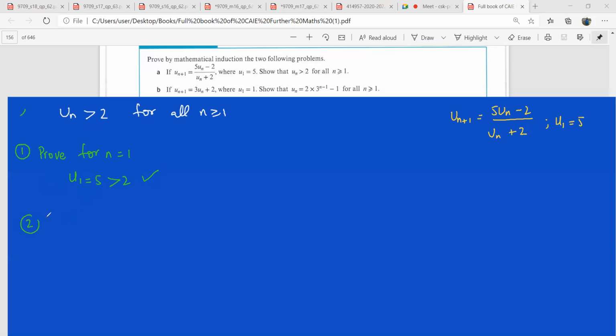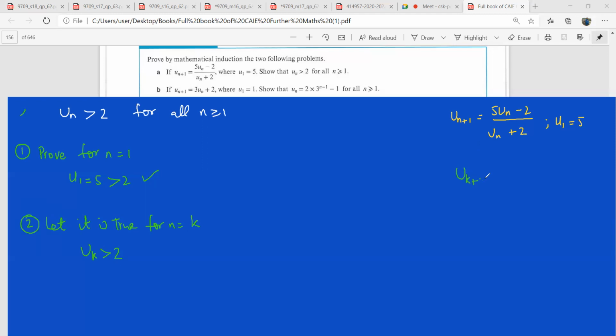Next, we have to assume that it is true for n equal to k. So we say uk is more than 2. We can also substitute k into this; this is not a proof, we're just substituting n with k.